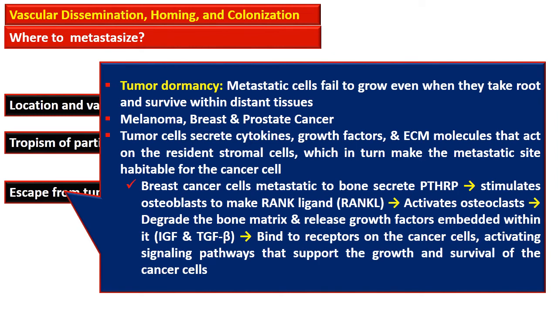For example, in breast cancer, the metastatic foci, or group of these cells, in the bone secrete parathyroid hormone related peptide. This stimulates osteoblasts to express more RANK ligand, and this will activate the osteoclasts. Osteoclasts are then responsible for the degradation of the bone matrix, and they also release growth factors embedded within it, such as insulin-like growth factor and transforming growth factor beta.